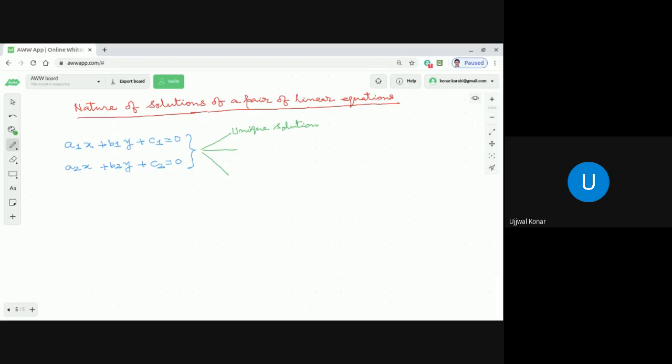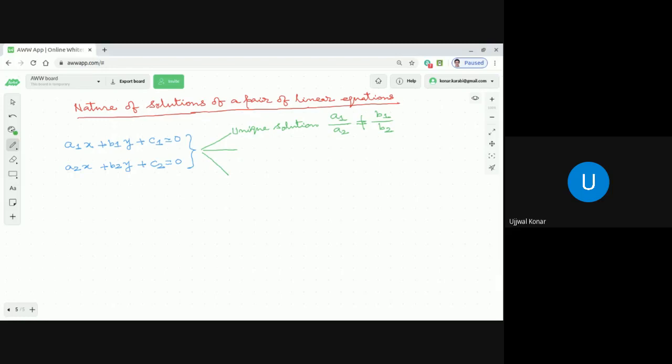And what is the condition, dear students? The condition is that a1 by a2 should not be equal to b1 by b2. So this is the condition for unique solution.